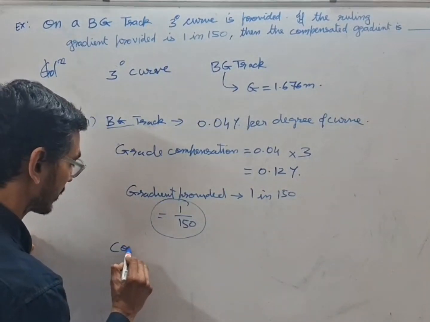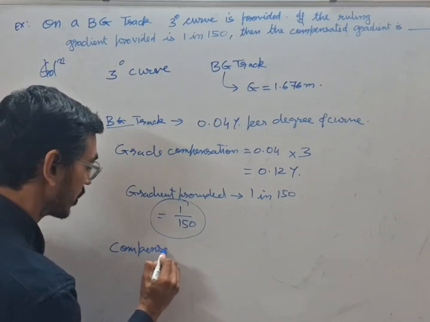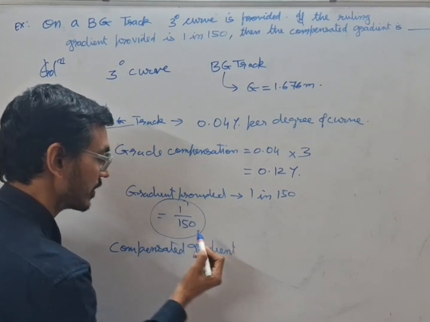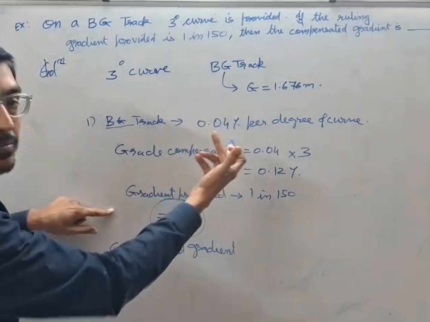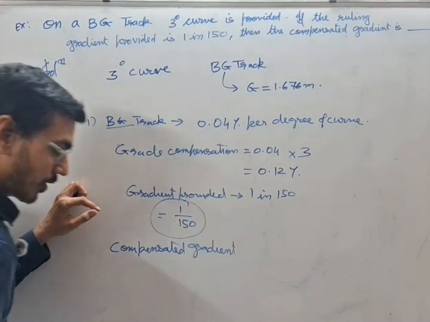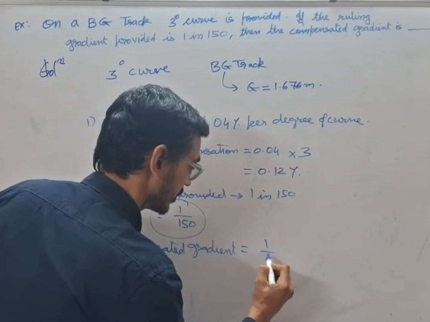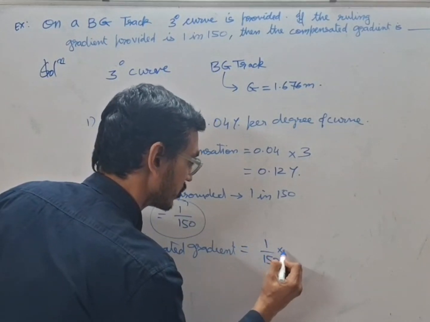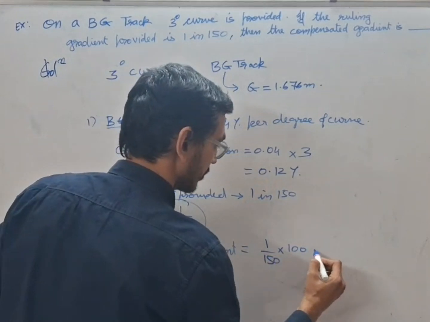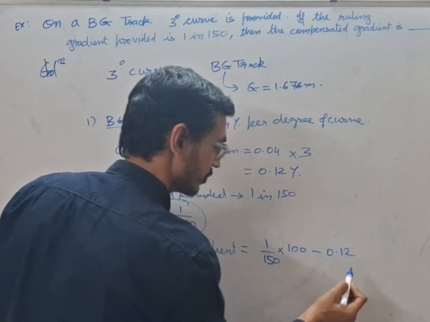I am supposed to find out the compensated gradient. Compensated gradient means gradient provided minus the amount of compensation. So gradient provided is 1 upon 150. So here 1 by 150 into 100, because I am not dividing by 100 here, minus 0.12.